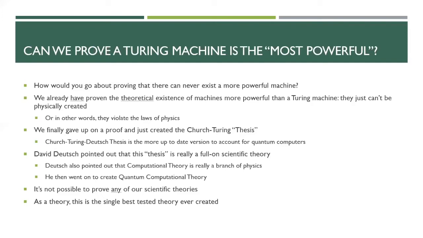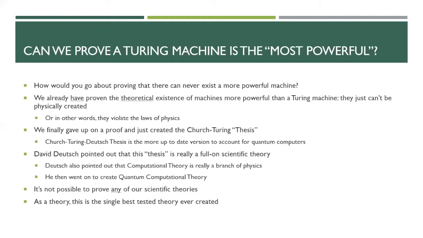So now we have already proven the theoretical existence of machines more powerful than Turing machines. It's not like we can't conceive a computer that's more powerful than a Turing machine. There are such things as super Turing machines, but they violate the laws of physics. They can't be built in real life. Right. Okay.